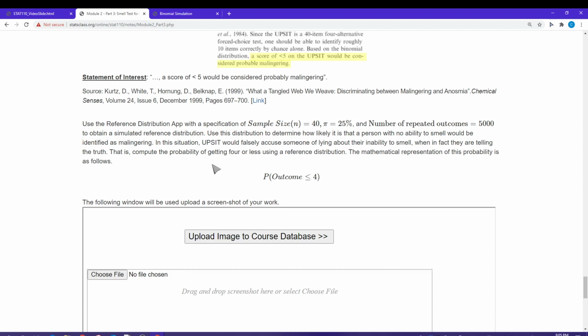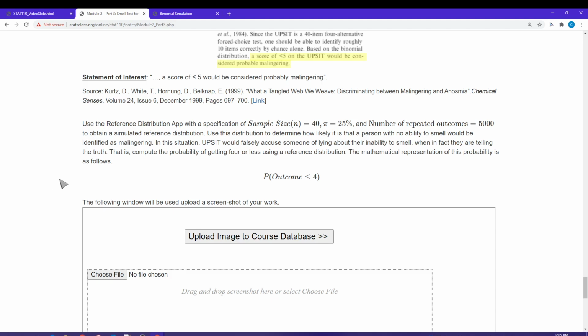So I want you to, once again, use the reference distribution app and obtain the probability or the chance of seeing 4 or less correct. So use 4 here in the p-value box and specify left tail because I want to know less than 5. Now that probability, I think that the answer that I got was about 1 or 2%.